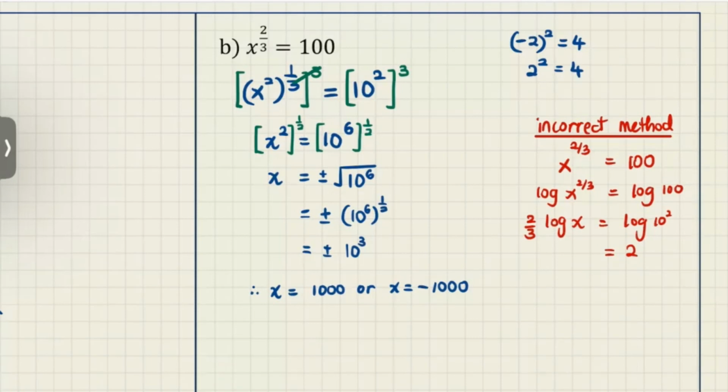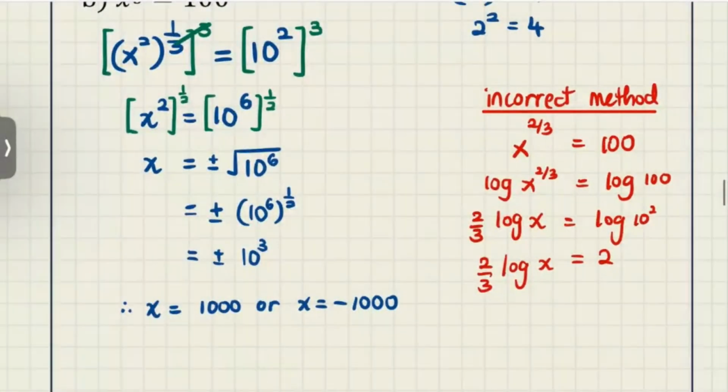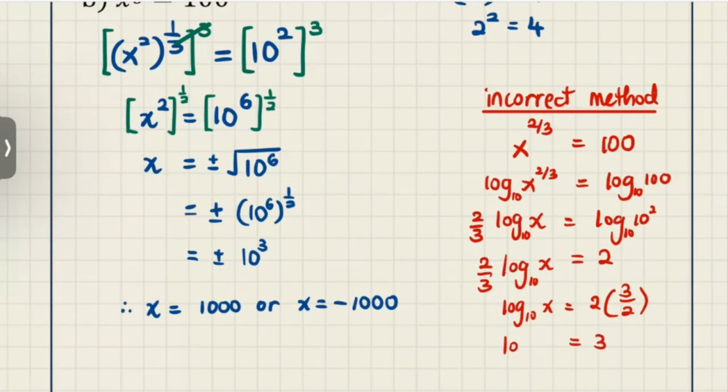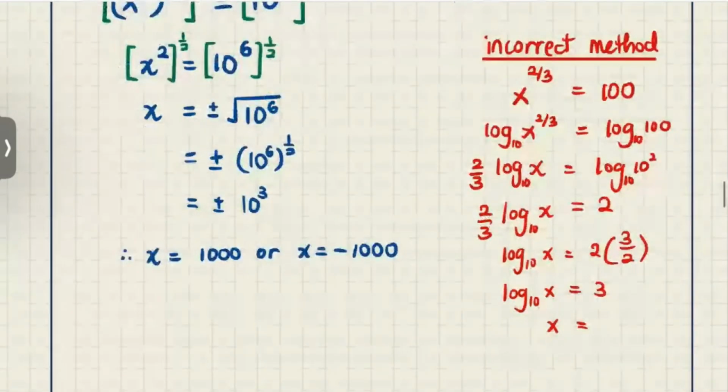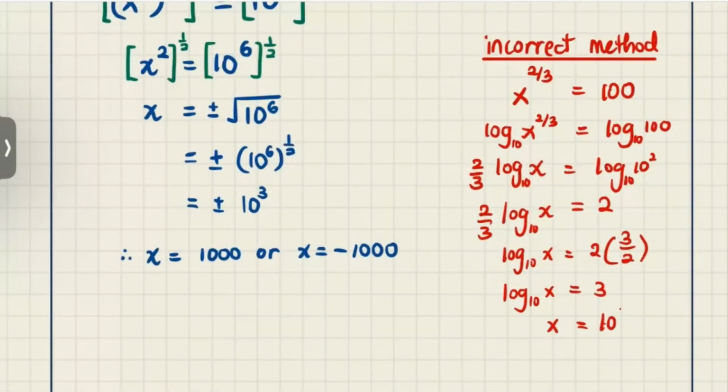Okay, log 10 squared will be 2 lah. So kita ada 2/3 log of x. So here, okay kejap. Saya tulis base 10 kat sini supaya kamu tahu. Kita gunakan base 10. Okay, and then kita ada log x equals to 2 multiplied by 3/2. So we end up dapat 3. And then using properties of index kepada log, x will be equals to 10 to the power of 3 yang kita akan dapat 1000 sahaja. So dekat sini dia akan jadi salah.